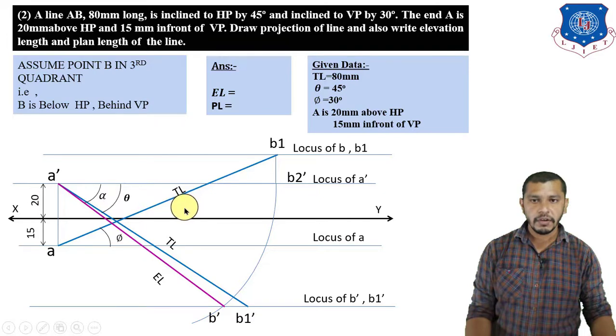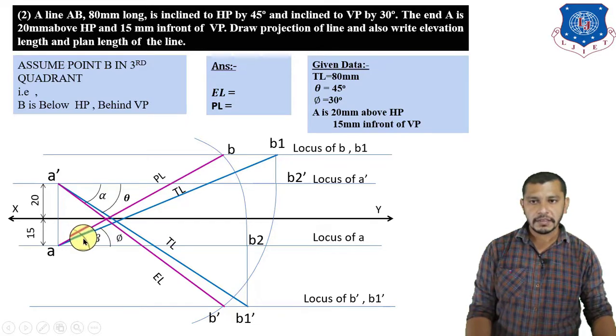Now to find the plan length of the line, we have to draw a straight line from B1 dash to the locus of A. Here we will get B2, and AB2 will represent the plan length, but we have to find the plan of point B. For that we have to rotate point B up to the locus of B, measuring AB2 as arc length, and by taking center at A and radius equal to A to B2, give an arc up to the locus of B. So here we will get B, which is the plan of point B. Connect B to A, which is our plan length of line AB, and the angle of the plan length is beta.